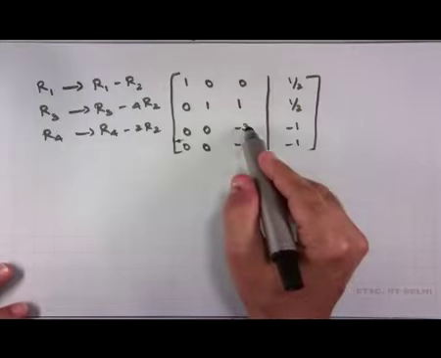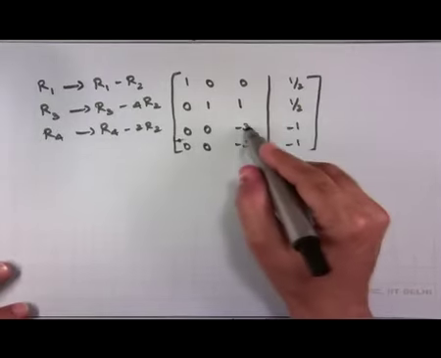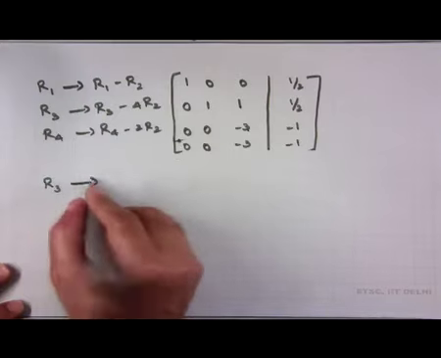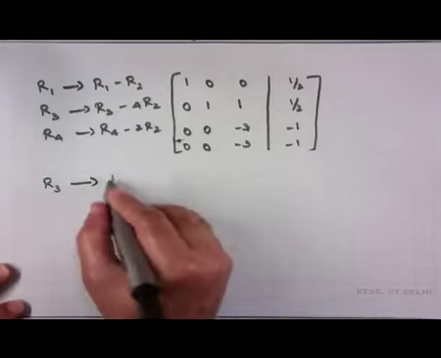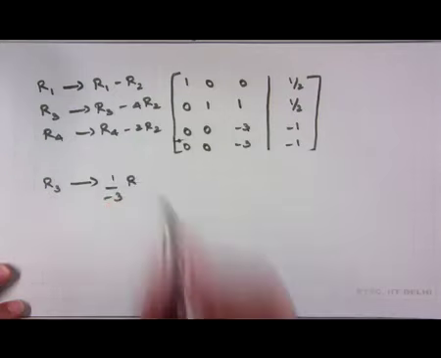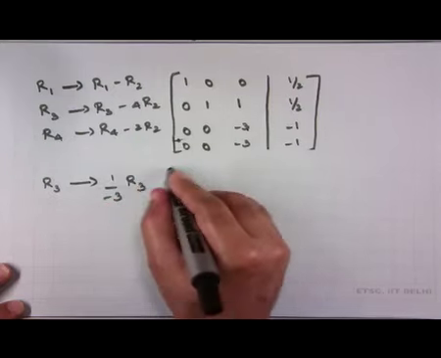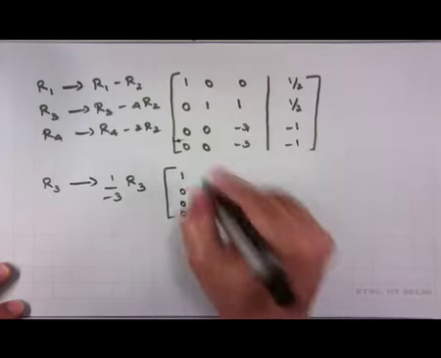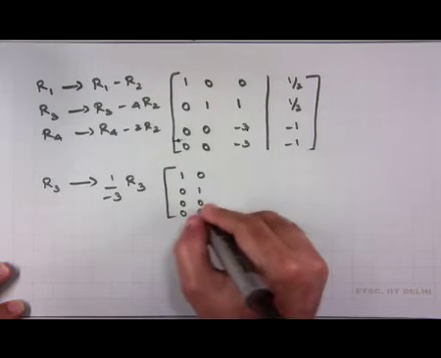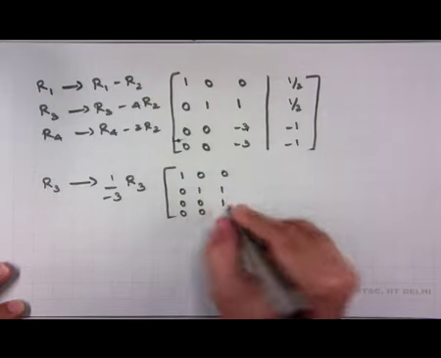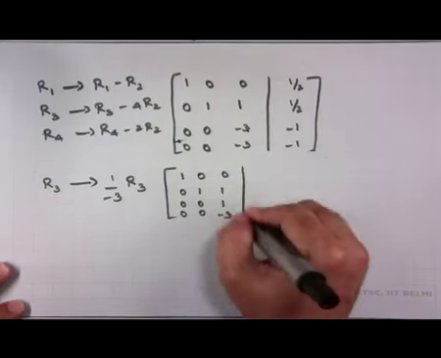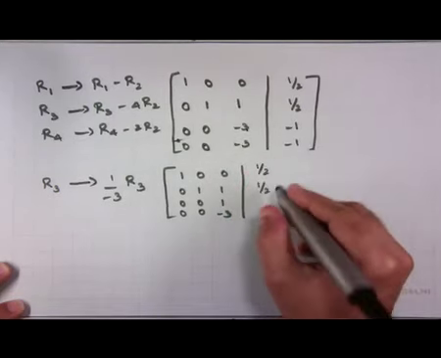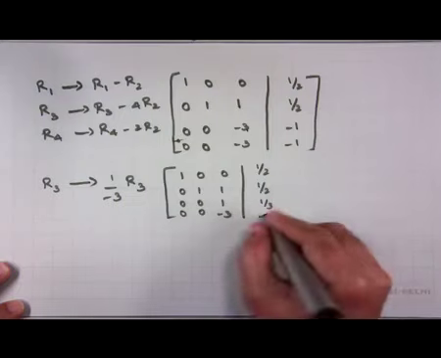Let us convert this minus 3 into 1. R 3 is replaced by 1 by minus 3 into R 3. So, you have 1 0 0 0, 0 1 0 0, 0 1 1 minus 3, and then you have half, half, 1 by 3, minus 1.